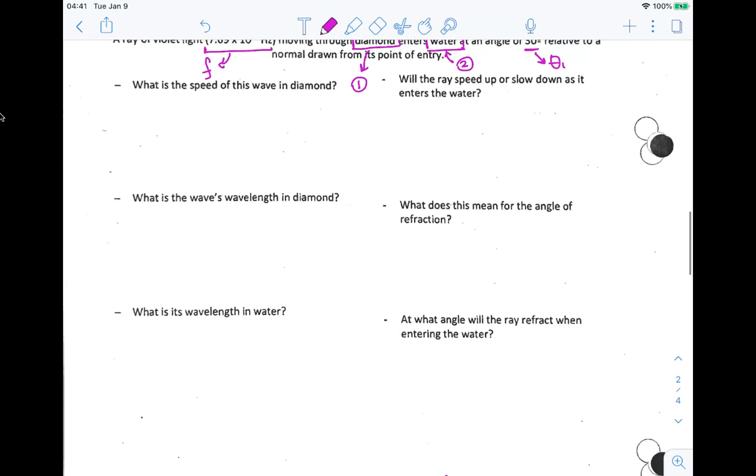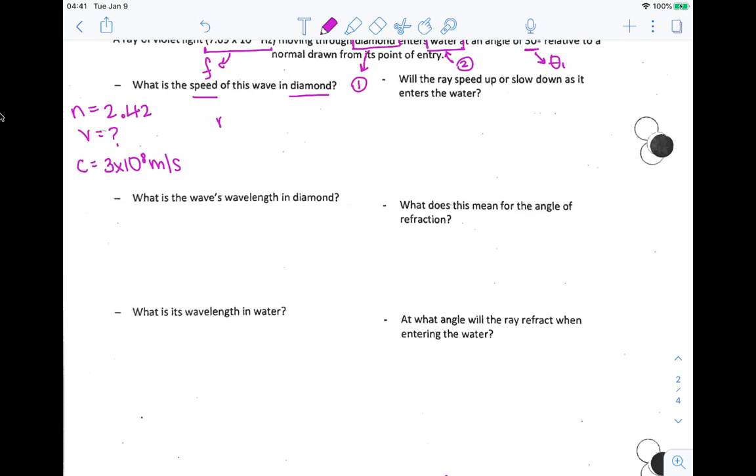So now if I go back and look, it says, what is the speed of this wave in diamond? Well, I'm looking for speed. I know that I have diamond. On our reference table, the index of refraction for diamond is 2.42, no units. We are looking for speed. And of course, we always know c, which is 3 times 10 to the 8 meters per second.